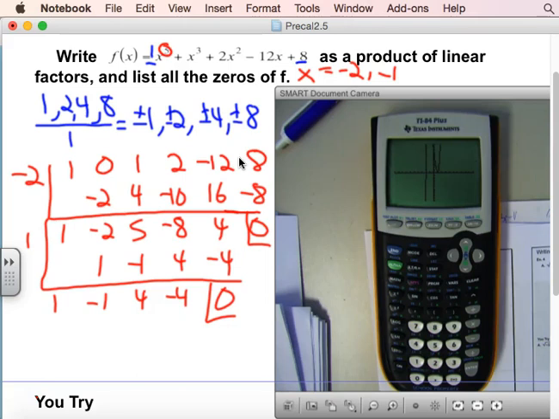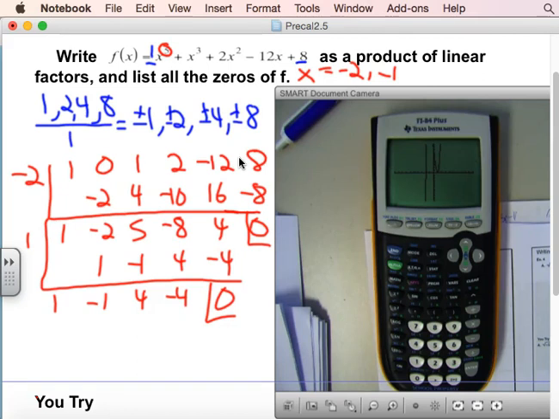Now, one thing we got to remember that we talked about way back in section 1 of chapter 2 is the multiplicity of zeros. The behavior at the x-axis tells us how many times that zero is a zero. Remember, whenever it passes straight through, like it does at -2, that means it is just a zero one time.